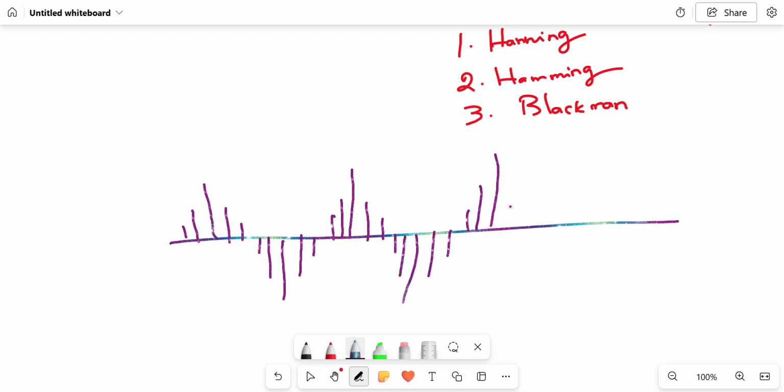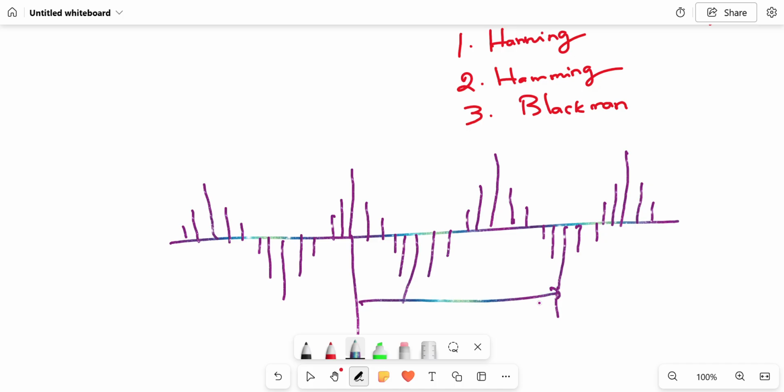This is a periodic sequence. So what is a window sequence here? This is a window sequence, for example.